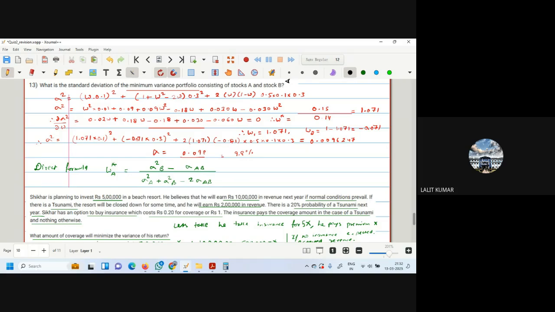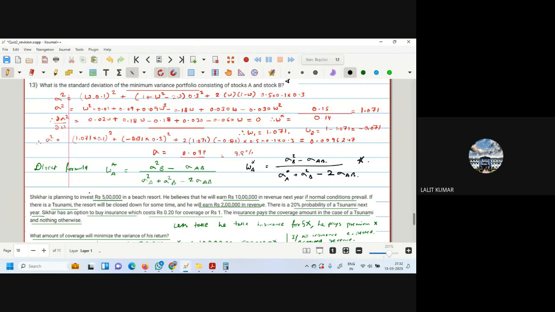It is easy to remember: when you are taking WA, on top you take B square and just use AB, and at the bottom take A square plus B square and minus 2 sigma AB.